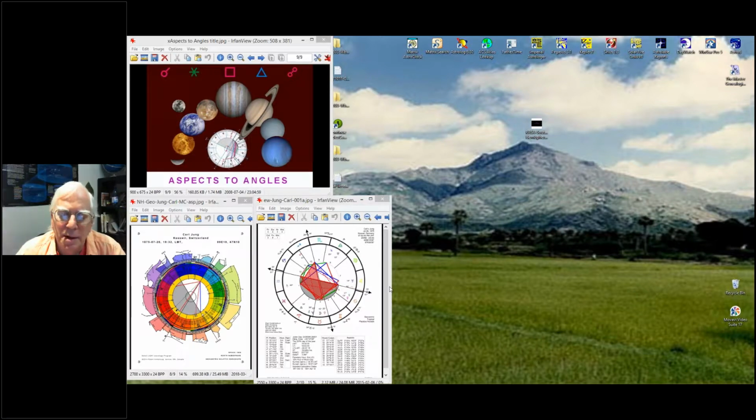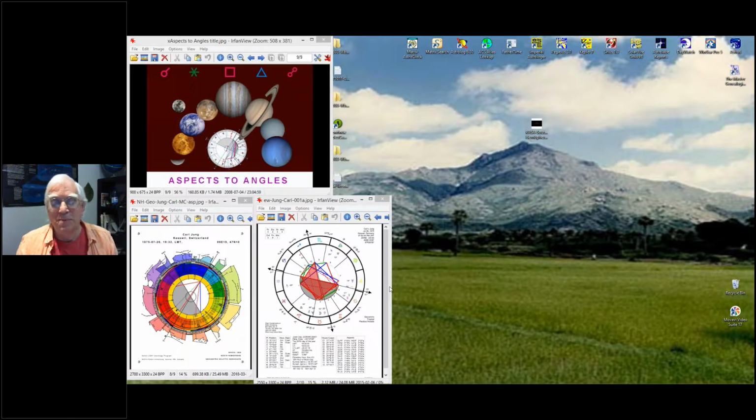With the aspects between the planets, regardless if there's a square or opposition or whatever, you still have to use the planets and the sign and the house they're in. With the angles, they'll have a sign that they're in, but they're the angle. So it affects our daily behavior, our basic anchoring into life.